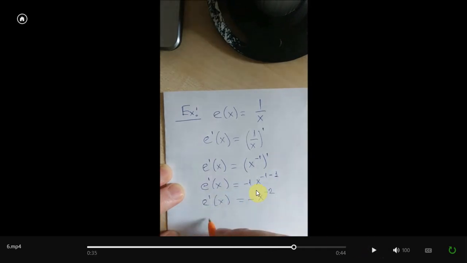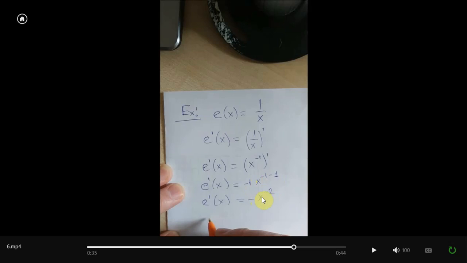Okay guys, here be careful. As you see, there is a negative power, and if we subtract 1 from the negative power minus 1, we add minus 1 to minus 1 and we get minus 2. The answer minus 1 minus 1 is 0 is incorrect, so be careful. Minus 1 times x to the power of minus 1 minus 1.